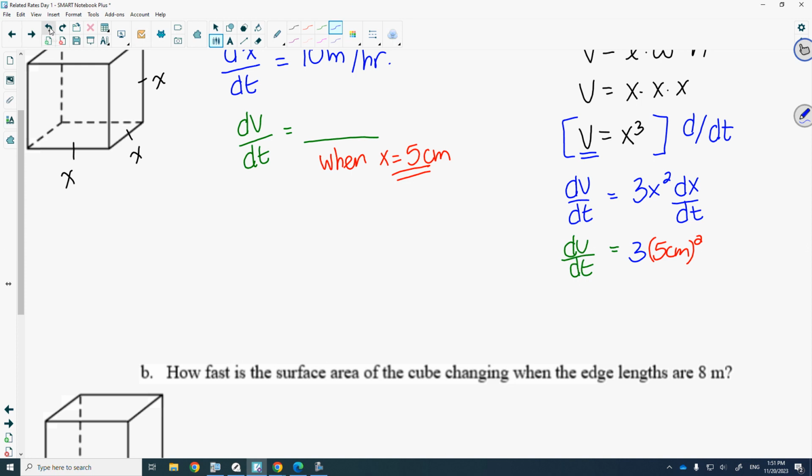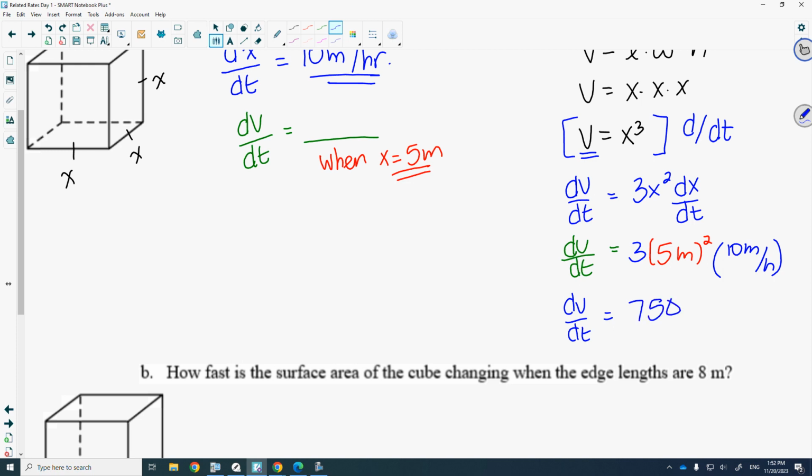Okay, sorry, let me fix that. Meters. So this would be 5 meters, squared. And then dx/dt was 10 meters per hour. So dV over dt: 5 squared is 25, 25 times 3 is 75, and 75 times 10 is 750.